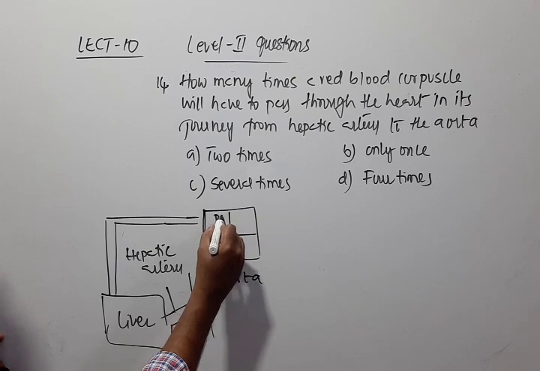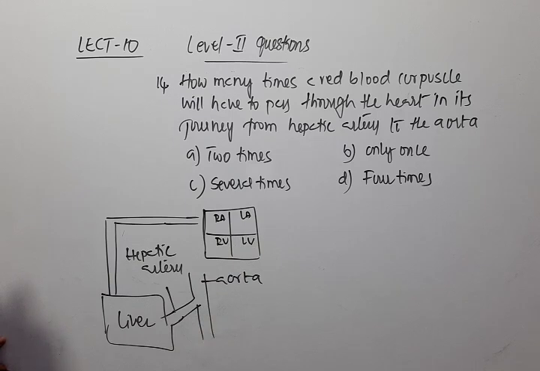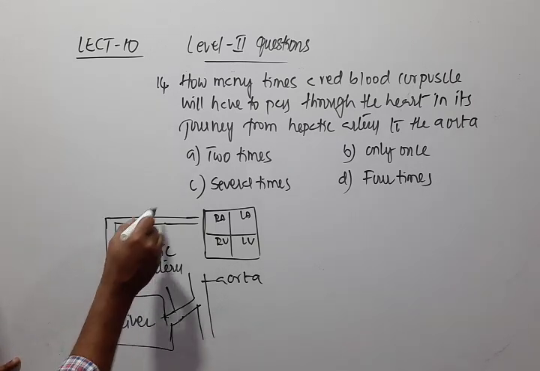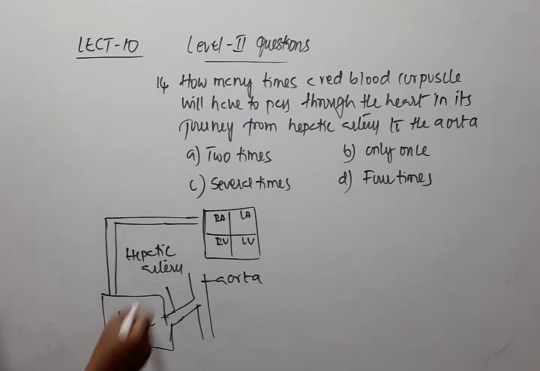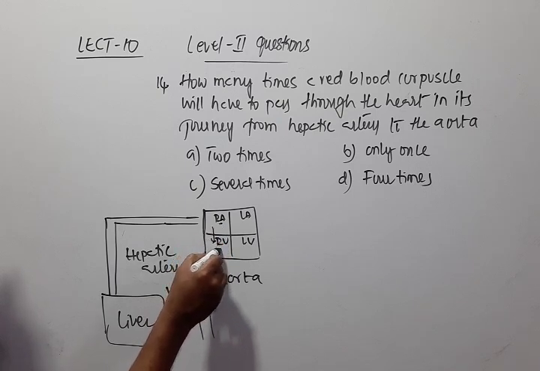So we know the right auricle, the right ventricle, left auricle, and left ventricle. The blood from the liver goes through the hepatic vein and then to the major veins, and finally reaches the right auricle. From the right auricle the blood passes to the right ventricle.